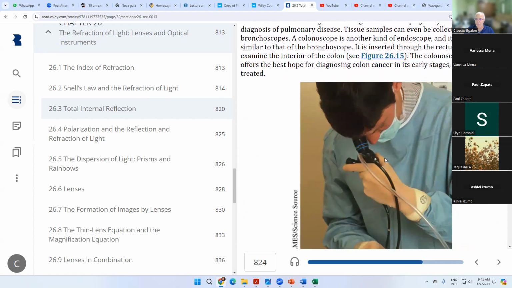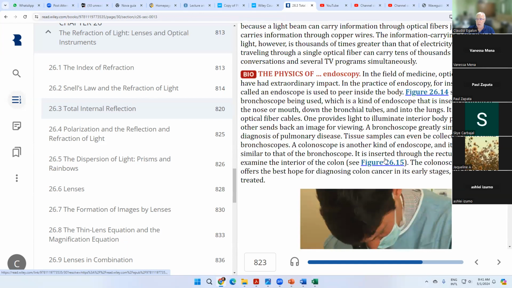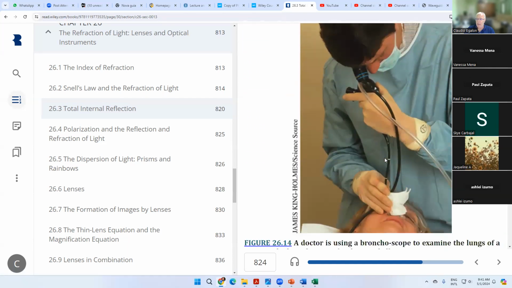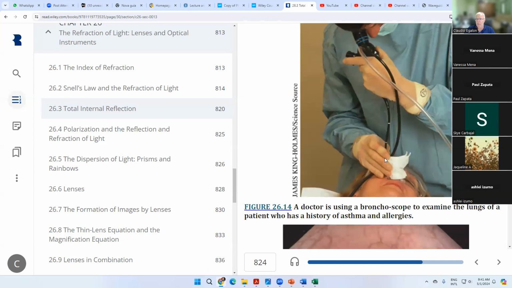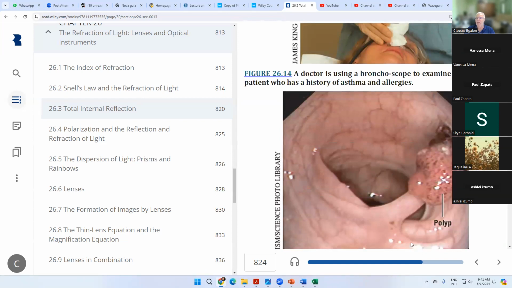And that's exactly what you're seeing right here: a doctor imaging the inside of the human body, and not just the human body, but also pipes that you cannot reach. You can put an optical fiber, an endoscope, through a pipe. An endoscope has an optical fiber there, and the image is what's in there. And then we do that for the human body as well.